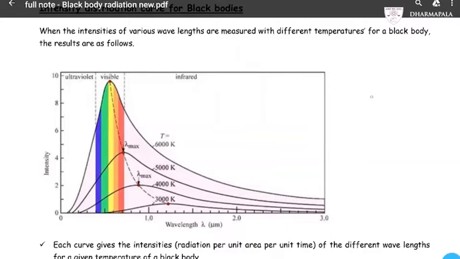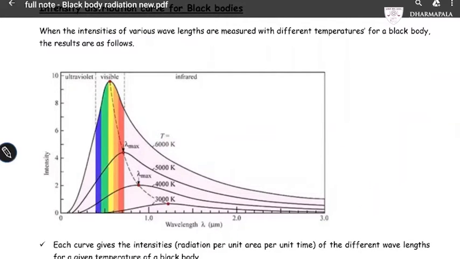That means you take a black body and change its temperature, and for different wavelengths, you measure the intensity of each wavelength and plot this graph. So all these curves have been plotted using practical data.